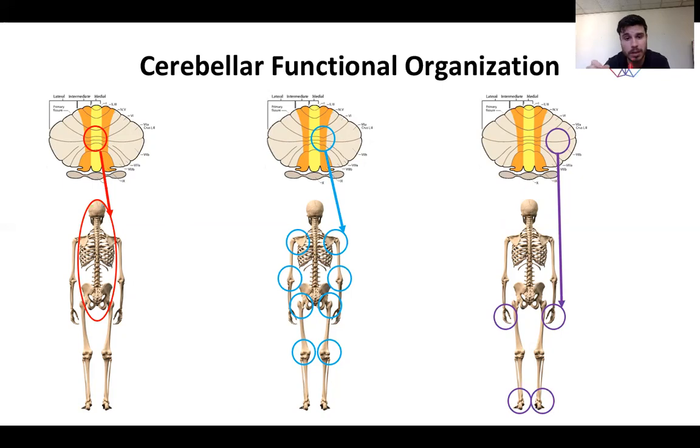Okay, so because the lateral zone of the cerebellum communicates more with the cortex, and remember that the cortex is the portion of the nervous system which is more heavily involved with conscious control of our movement, we ultimately want to work towards restoring that distribution of conscious control into the distal limb segments.